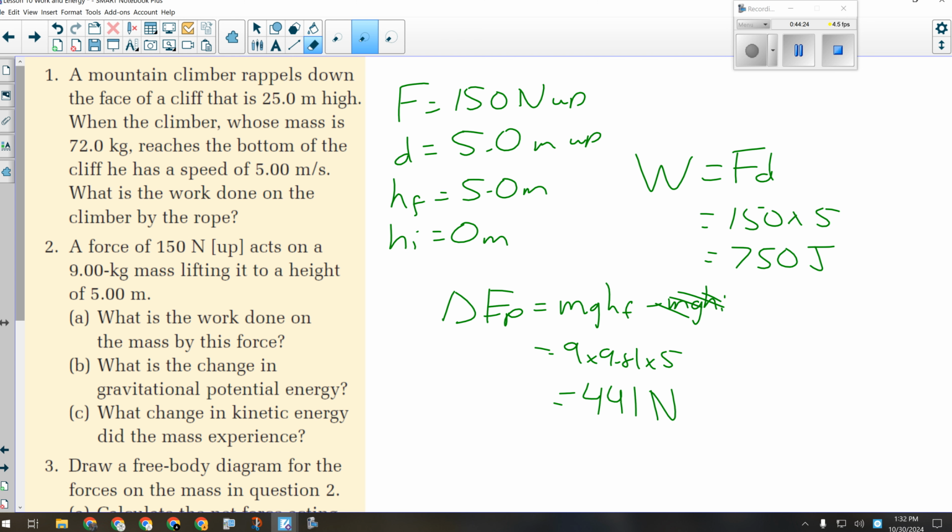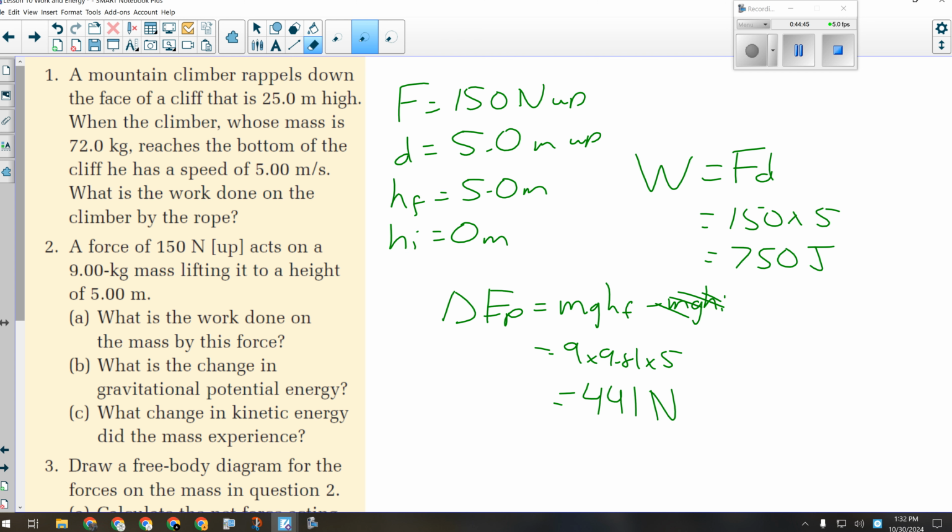Yeah, so not only did this thing rise, it accelerated upwards. Okay, so could I calculate how much the kinetic energy changed? Okay, so we've done A and B now. They want to find the change in the kinetic energy.